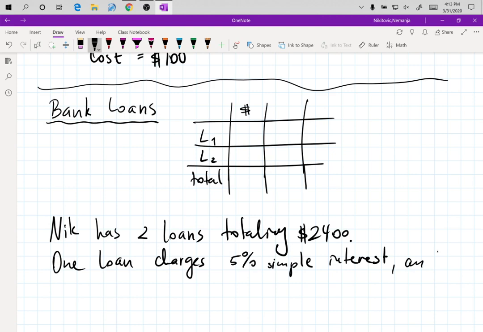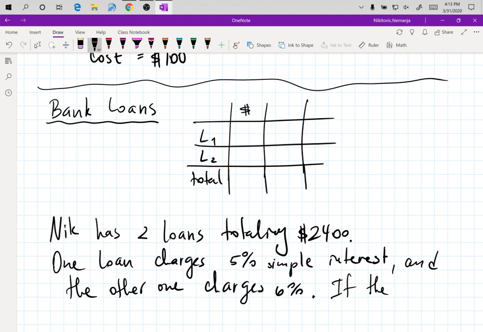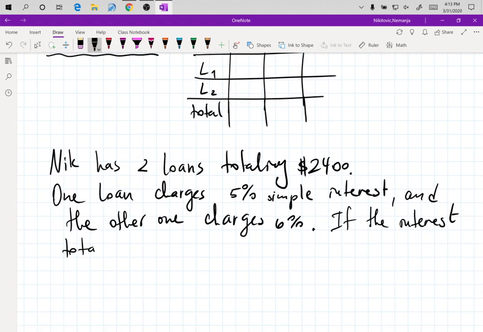And the other one charges 6% interest. So if the interest total $132, how much was each loan?